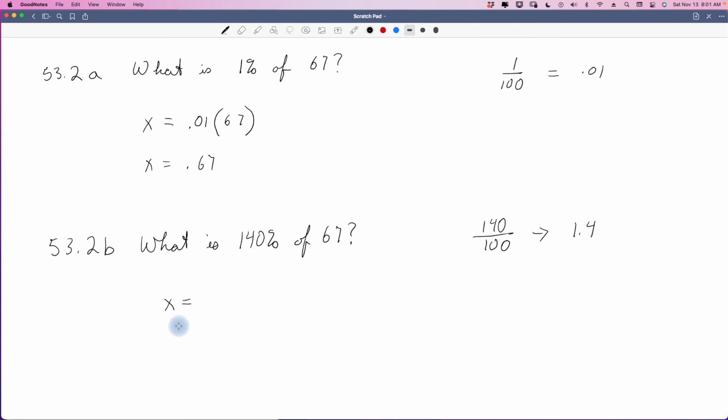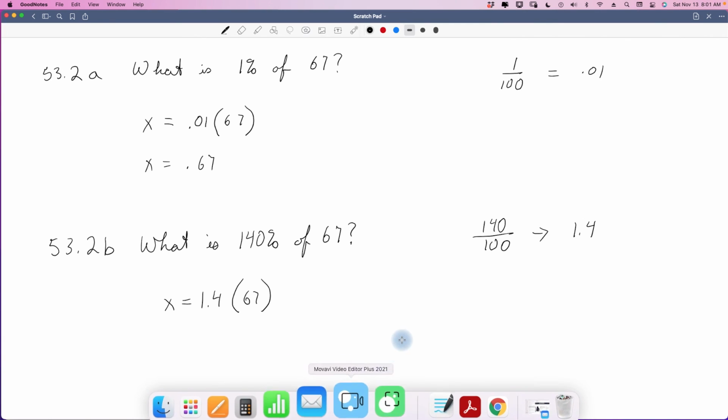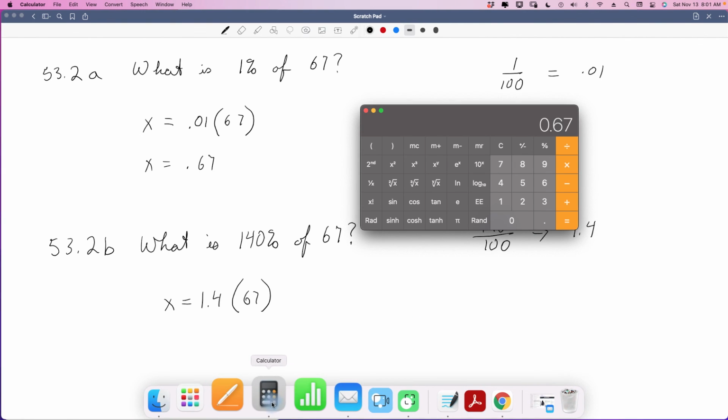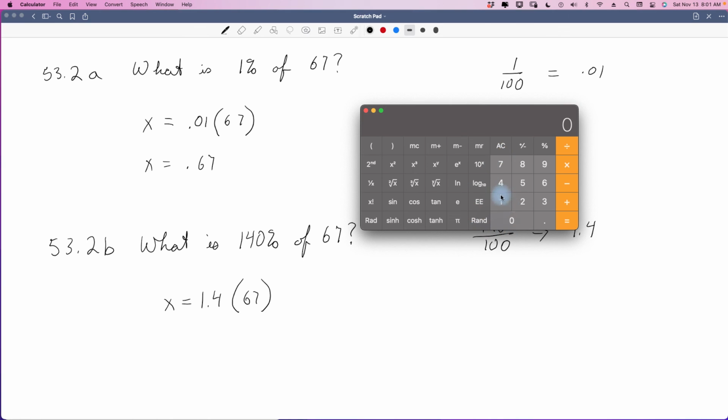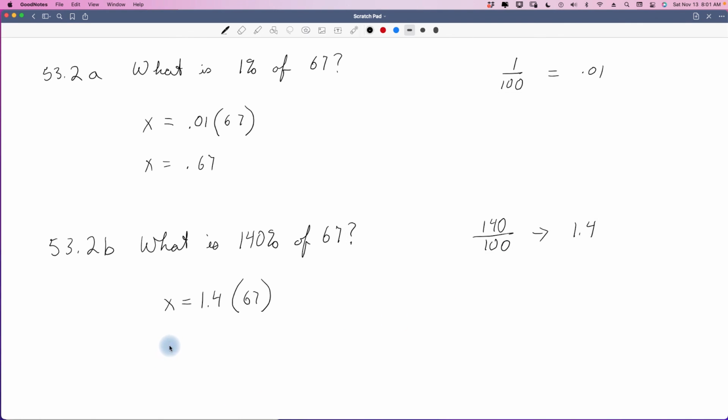Is means equal. We put our decimal in for 140, and then we multiply times 67. We pull up our calculator, and we say 1.4 times 67, 93.8. So X is equal to 93.8. So now we know the answer to this question.